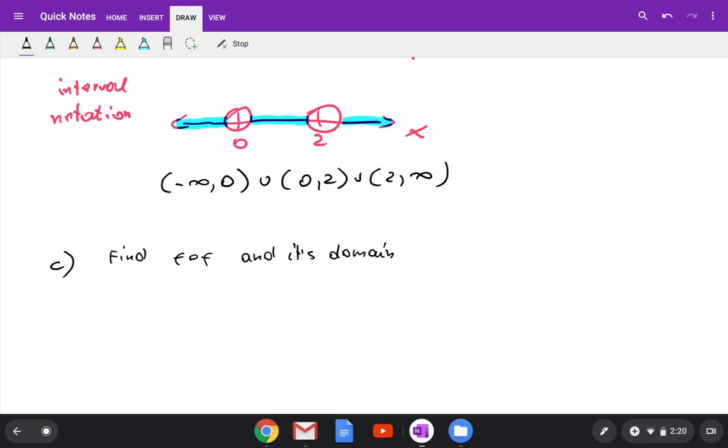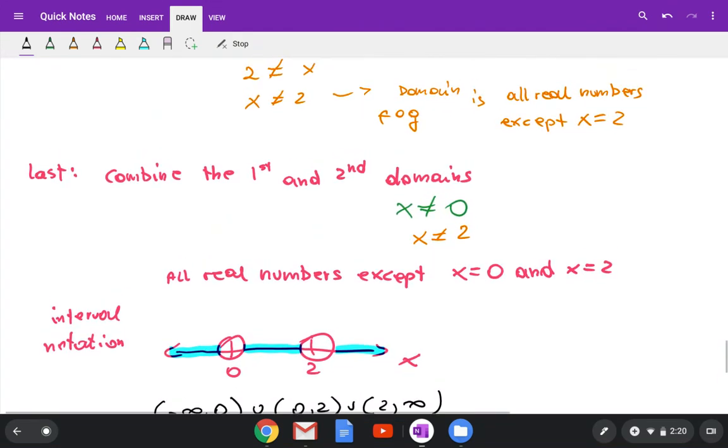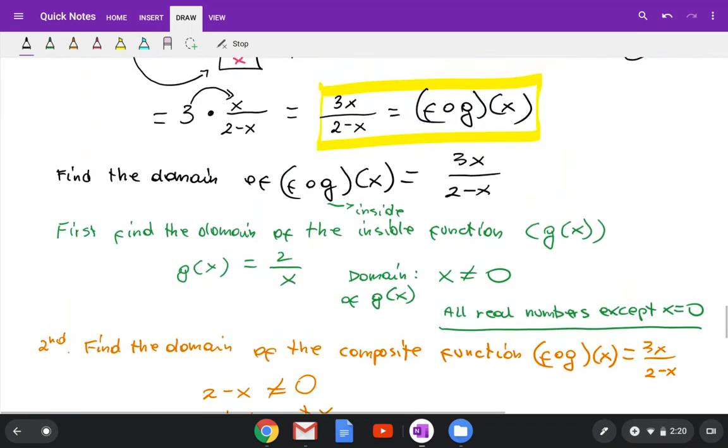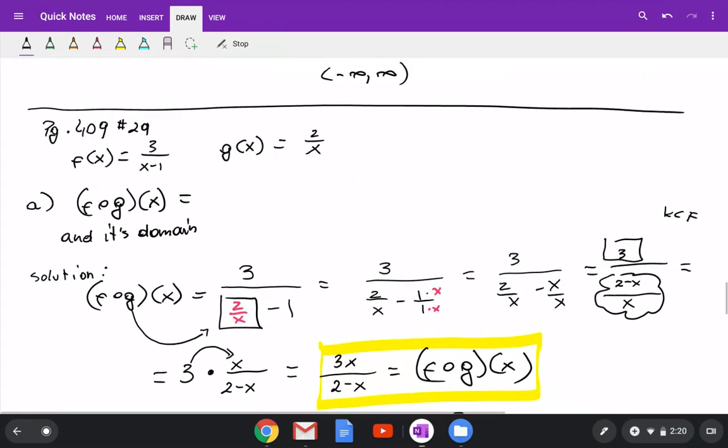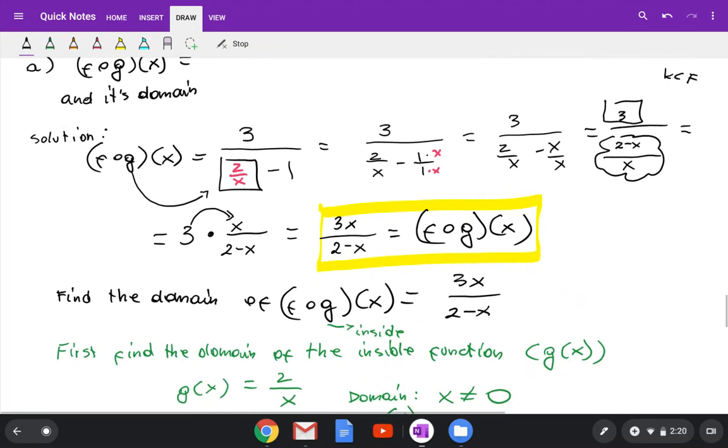So first what we're going to do, we're going to create that composition. So f composed with f of x means f of f of x. So outside it's f, let's copy the equation of function f. Function f has the equation 3 over x minus 1.